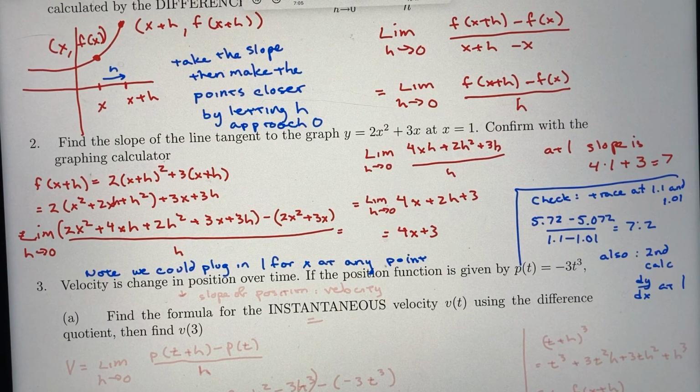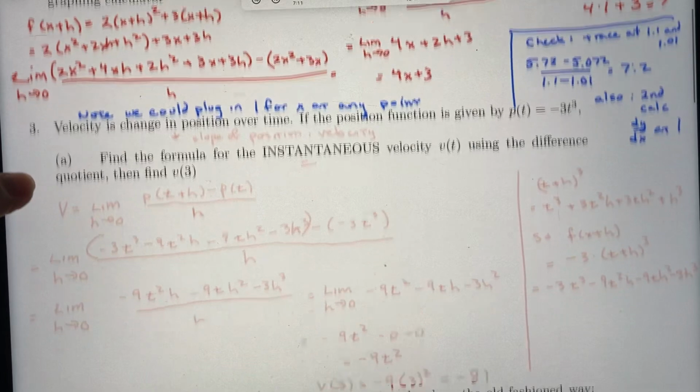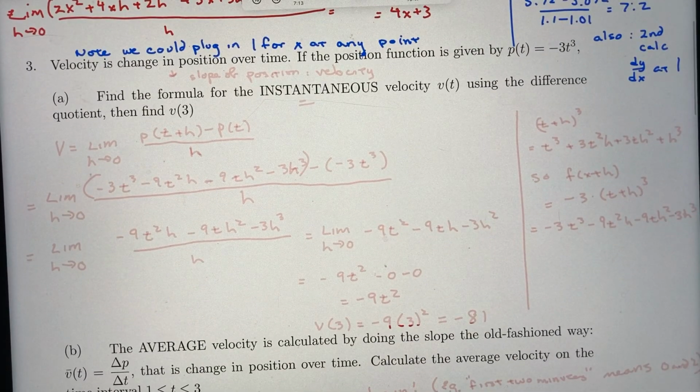Okay, fine. All right, so a first application. The velocity is change in position over change in time. So if I want instantaneous velocity, I need the derivative, the difference quotient.